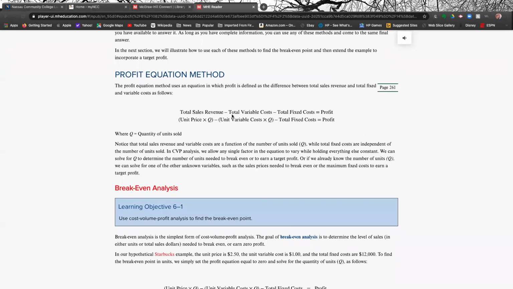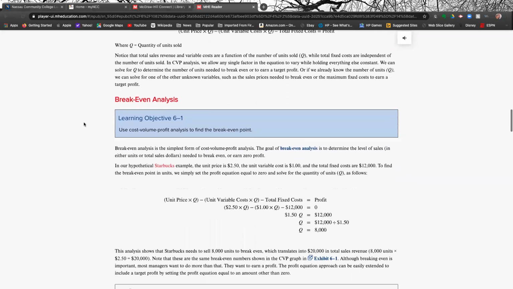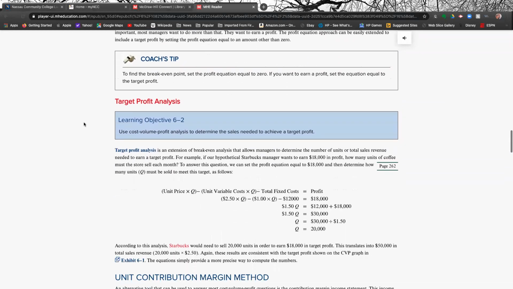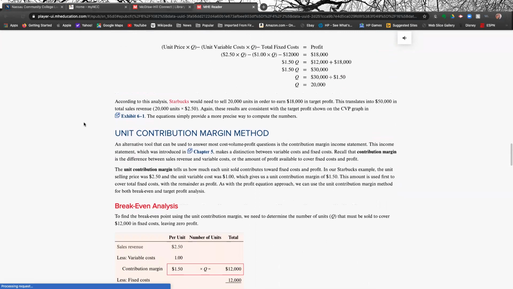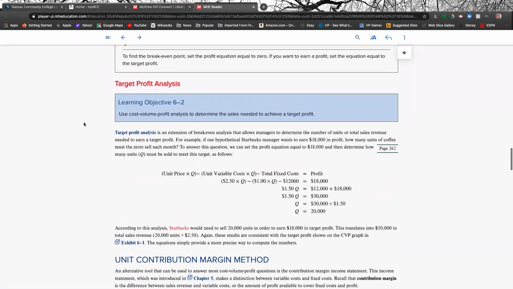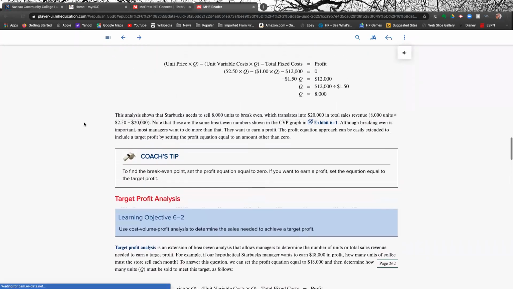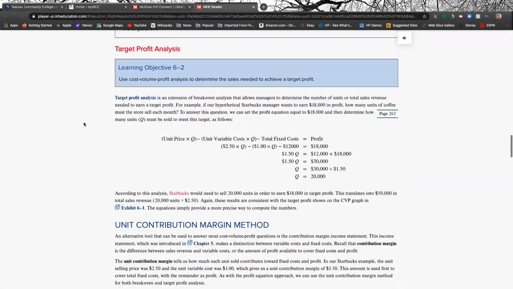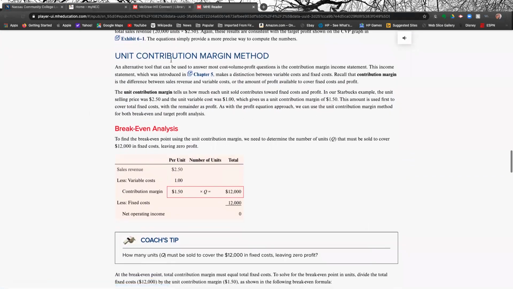Sales minus variable costs minus fixed costs equals profit. We are not going to use algebra, right? There's an algebraic way of doing this. We're going to use the contribution margin method to do this.